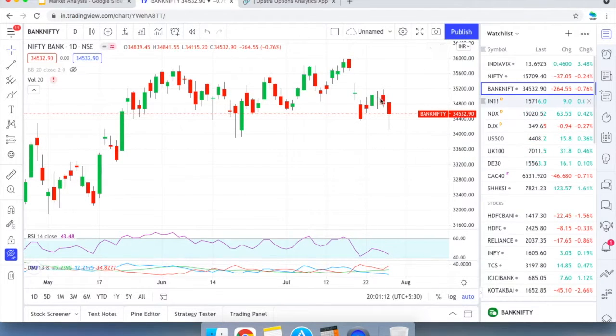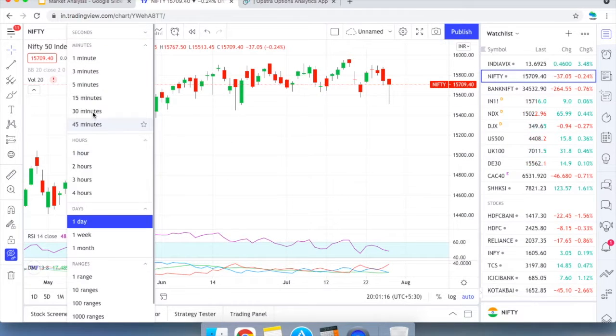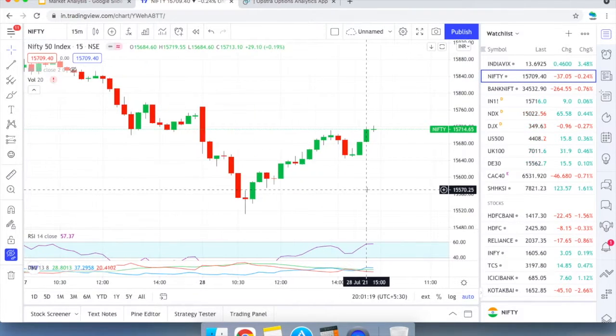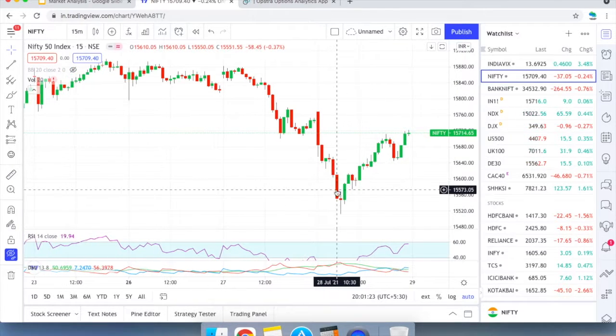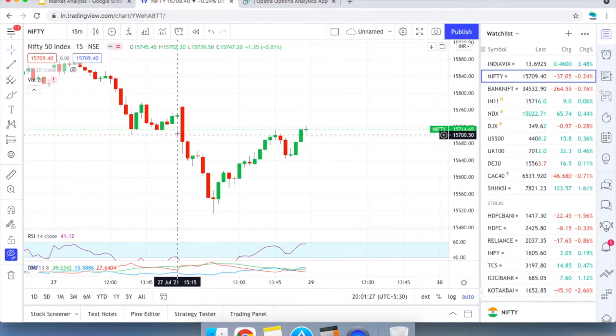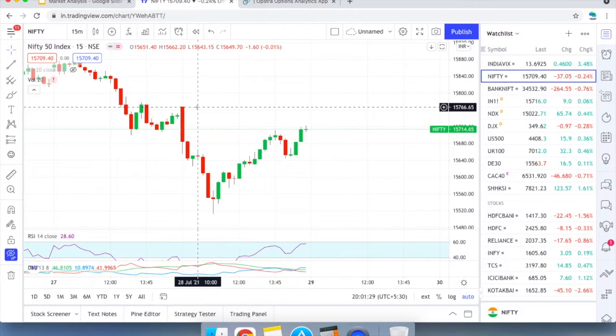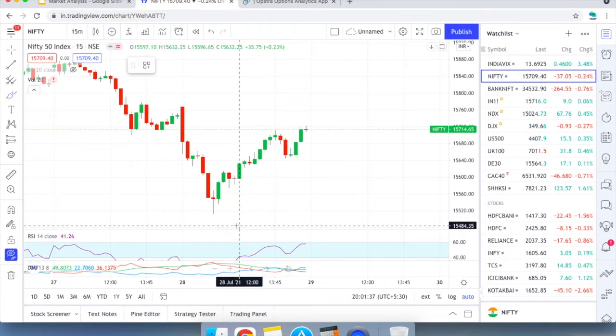So what exactly happened today? We go to the lower time frame and see. Such a clear downtrend day. Look at what happened here in the 15 minutes chart. It starts with open equal to high, which is a bearish pattern for a 15 minutes candle, and then a clear downtrend till around 11 o'clock.